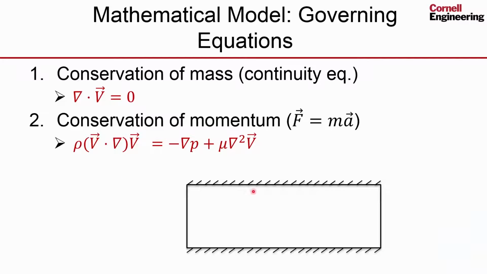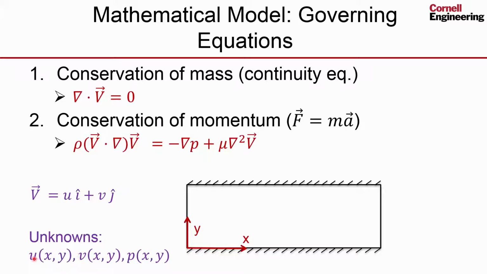And the governing equations are defined in a domain that's shown over here. So you have the top wall, the bottom wall, this is the entrance to the channel, and that's the exit. We will use a Cartesian coordinate system, so x and y as indicated here, and decompose the velocity into components in the x and y directions. So we have two components of the velocity, and then we have pressure.